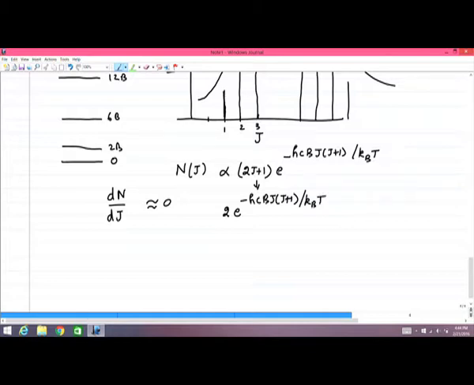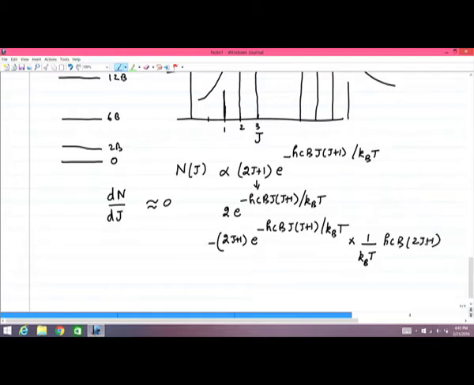The second is the derivative of the exponential term, which is minus (2J plus 1) times e to the minus hcB J into J plus 1 by kBT times the derivative, which is 1 by kBT, and the minus sign is already here. It will give you hcB into 2J plus 1. This is what you will get.